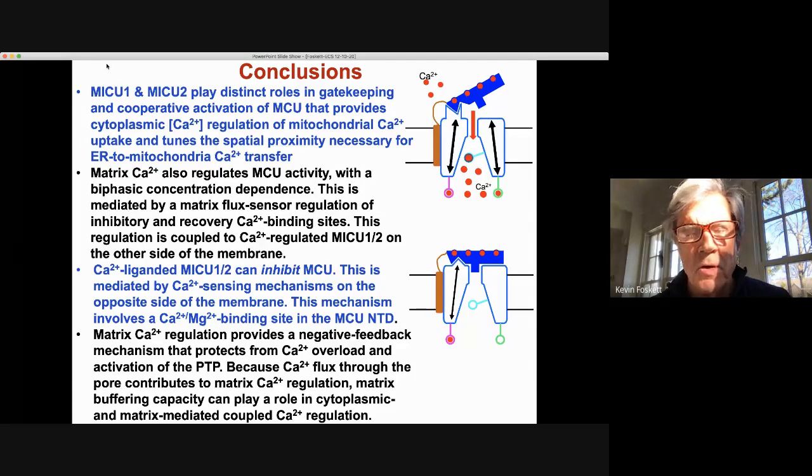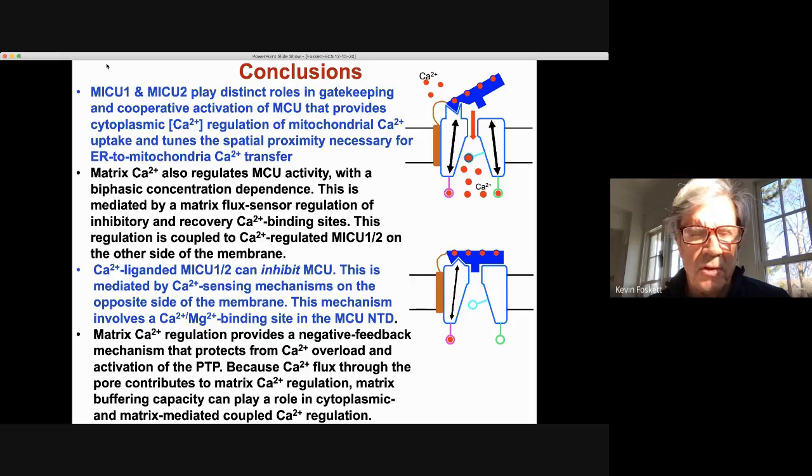To the extent that MICU1 and MICU2 are expressed and playing a role in the majority of mitochondria in cells, then you have to satisfy the calcium liganding requirements of MICU1, MICU2 before the channel can open.